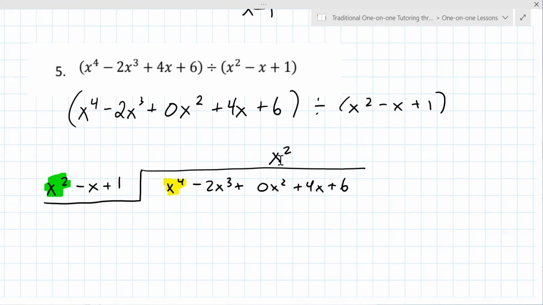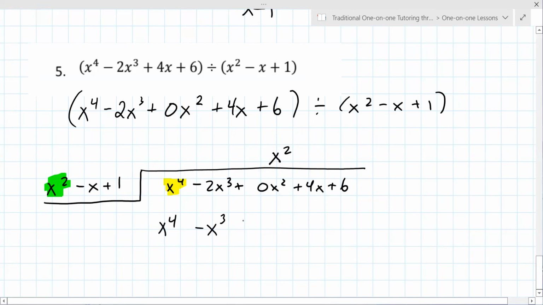All right, so then, and this is more work, but you take that x squared and you have to multiply it by each of these. So you get x to the 4th minus x cubed plus x squared. Okay, I'm going to make this first one negative, positive, negative.